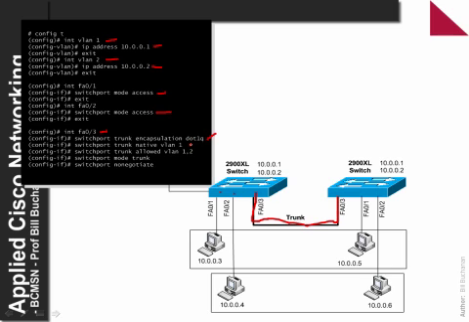It then defines the native VLAN, which means that the data frames are not tagged, and then it defines the VLANs that are allowed to be trunked. And in this case it's non-negotiable. So now we have a trunking route between the two VLANs.